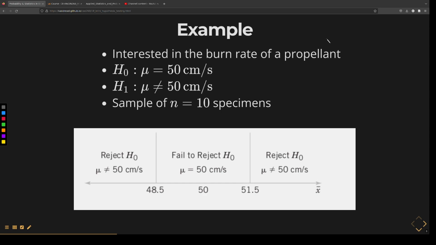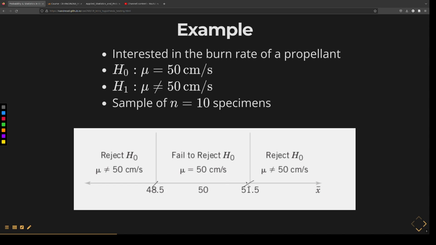what we'll end up with is essentially two regions, but they look like three here. But if we assume that, hey, under the null hypothesis the true mean is equal to 50, we take our sample, and depending on the alpha level, so you remember how in confidence intervals we would look at 95%, we'll do the same thing here where we will use the sample mean to essentially come up with these z critical values here.